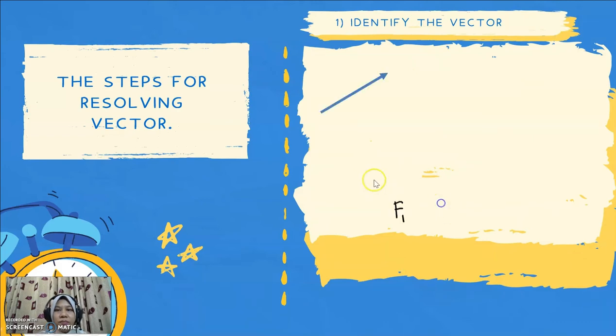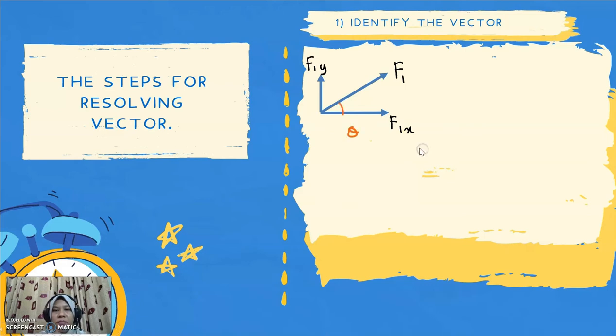If we have one vector, let's say F1, with angle theta, first of all we must resolve the vector, or force, F1 into the X component, which is F1x, and F1y for the Y component.